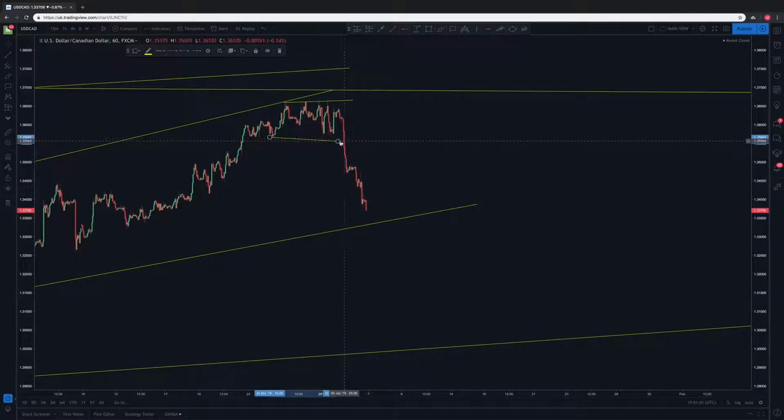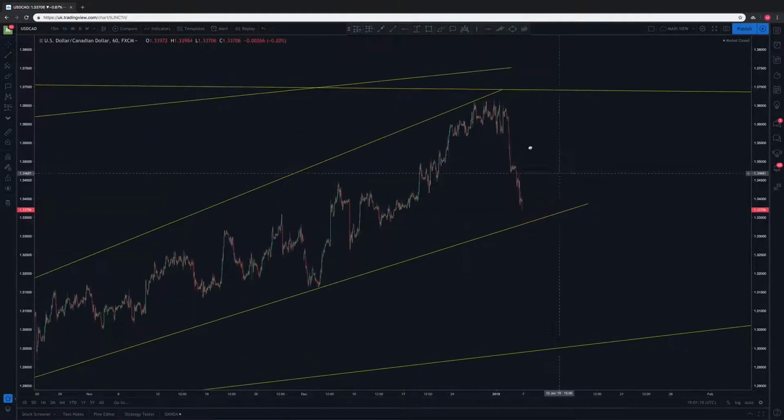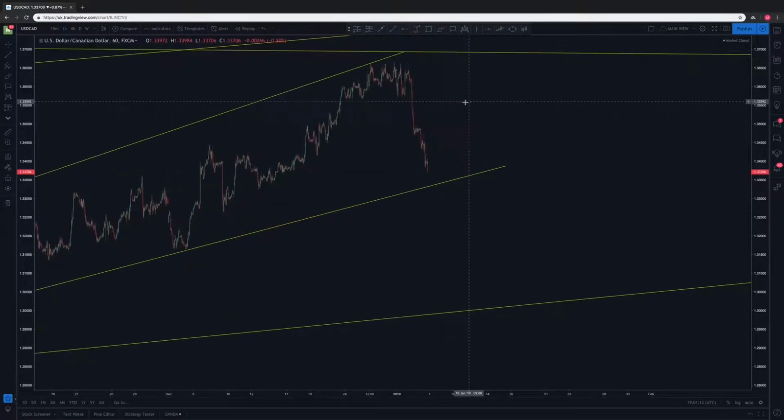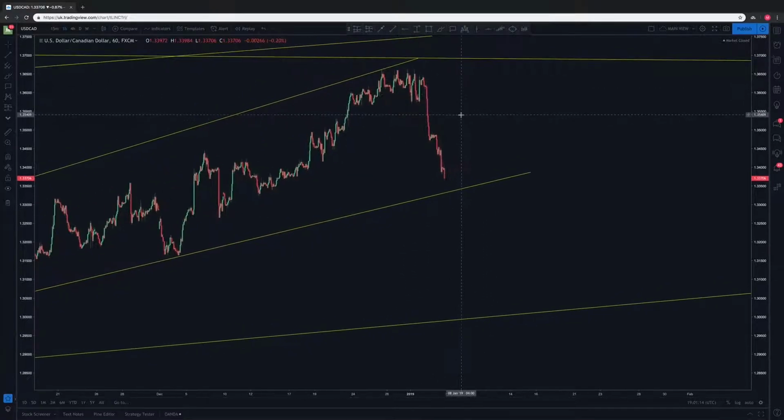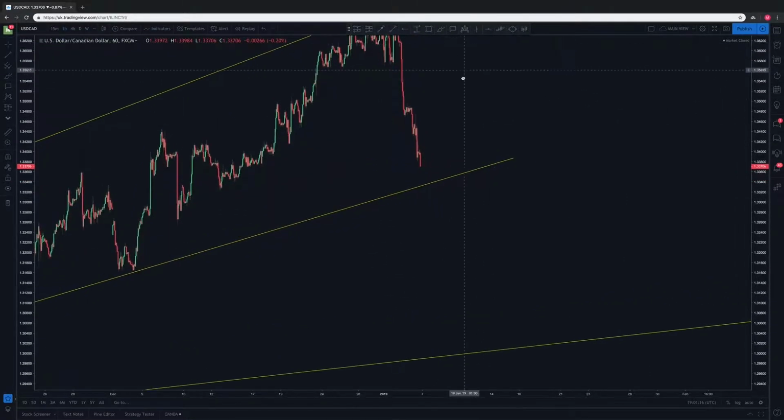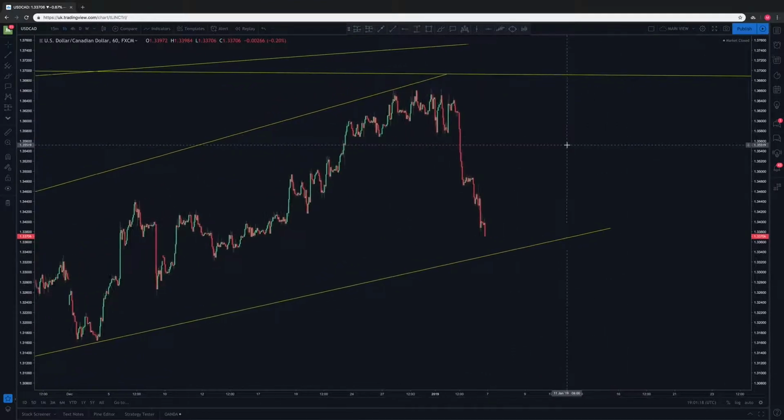Which one is right, which one is wrong? None of them, because the truth is, it's more to do with that this is a corrective move all the way to the top of the structure, and the bigger high time frame structure is supporting this to come to the downside. So at any point we want to be looking for sell setups.